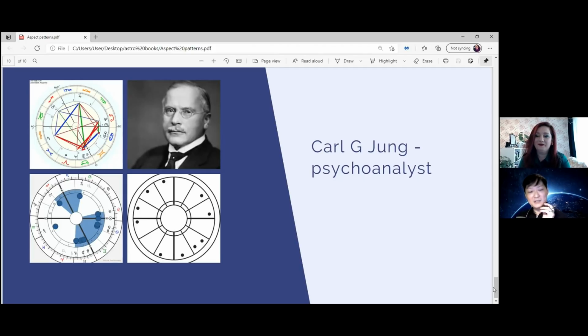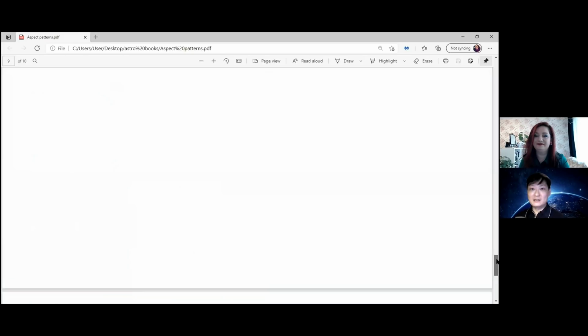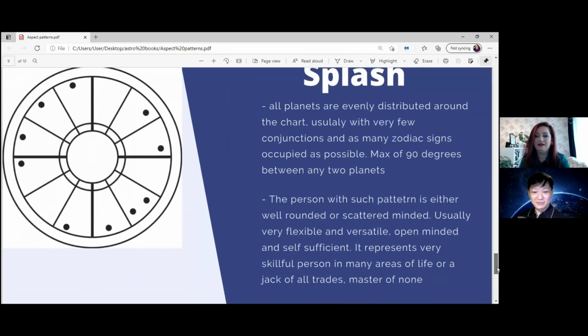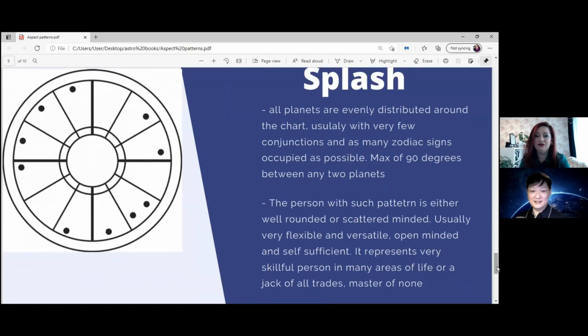Yeah, and I think the last few things I wrote for a splash chart shape: someone who is very dexterous, highly adaptable, well-rounded because of how wide a spread the planets have. Someone who wants to do it all. And usually, if they give themselves enough time, they can actually do it all.